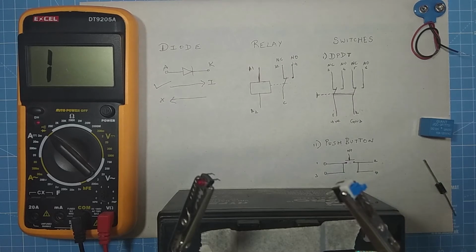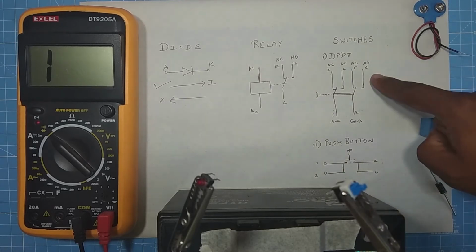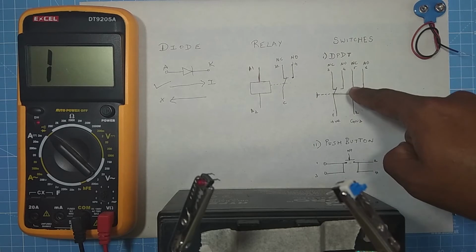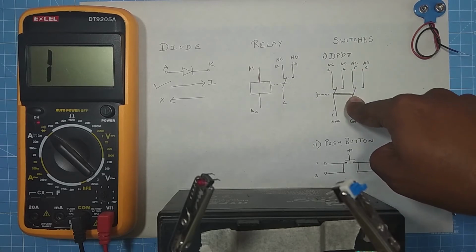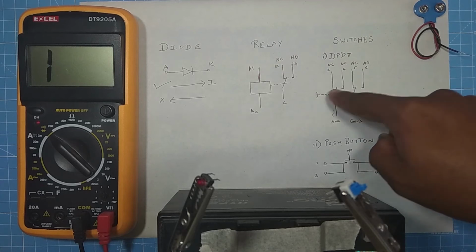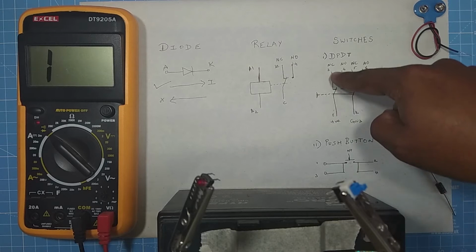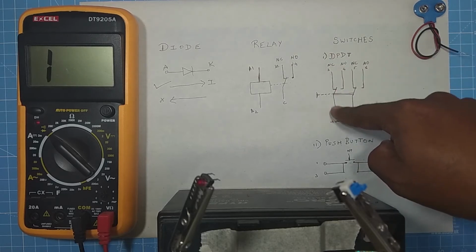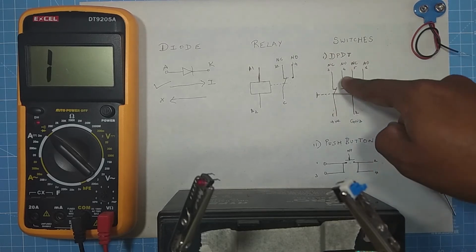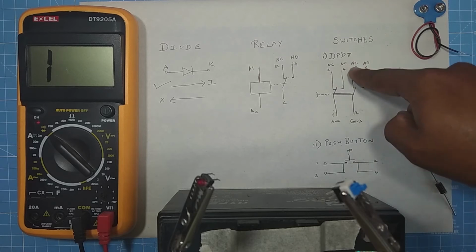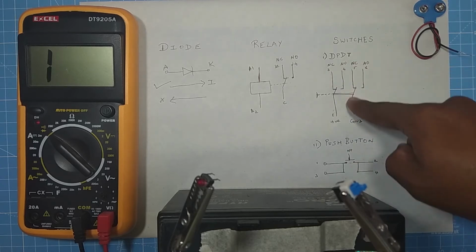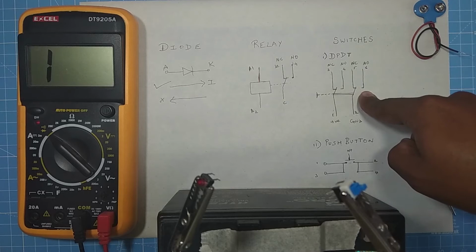Let's test our first component, that is a DPDT switch. Let's see its function on the symbol itself before moving ahead with the test. As you can see, before pressing the switch, we have an NC contact, which is a normally closed contact, a NO contact, the second pair of NC contact, and a NO contact.